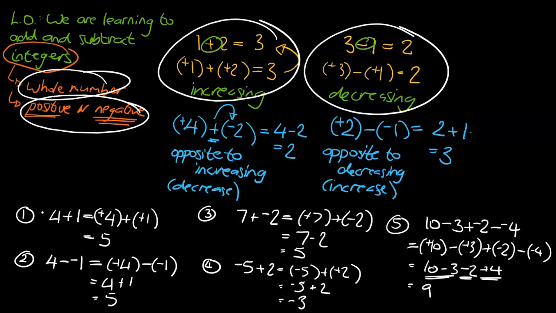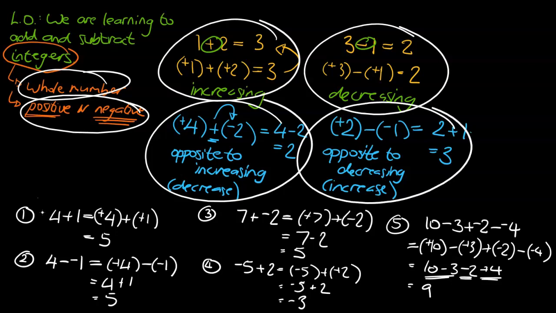If you're subtracting a positive, that's decreasing. If you're adding a negative, that's the opposite of increasing, which is decreasing. And if you are subtracting a negative, that's the opposite of decreasing, which is an increase.